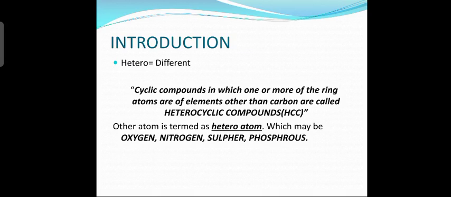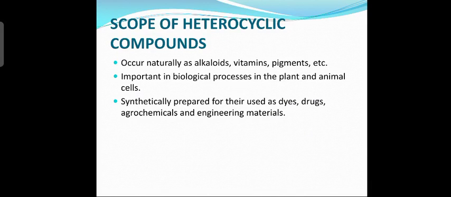Now, other than carbon, which heteroatoms? For example, oxygen, nitrogen, sulphur, phosphorus, etc. Now, what is the scope of heterocyclic compounds? They occur naturally as alkaloids, vitamins, and pigments, which I already learned; these contain heterocyclic compounds.